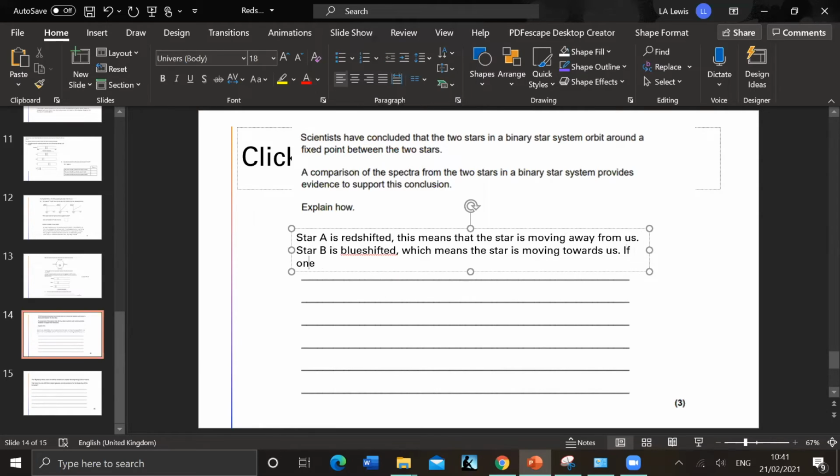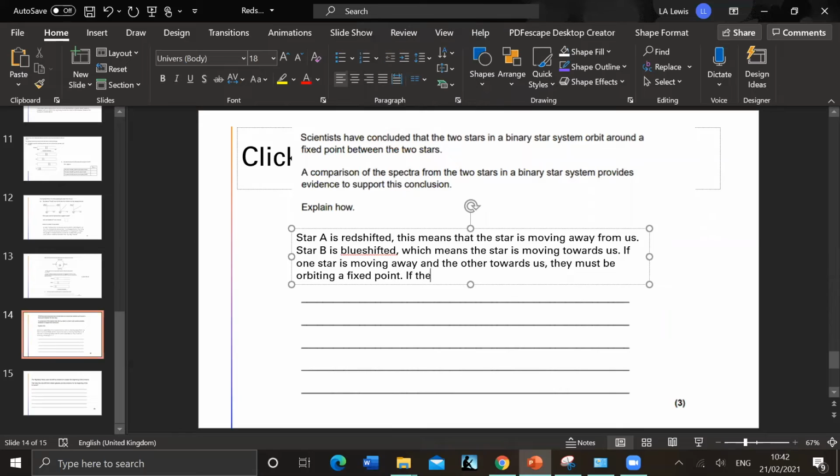If one star is moving away and the other towards us, they must be orbiting a fixed point.